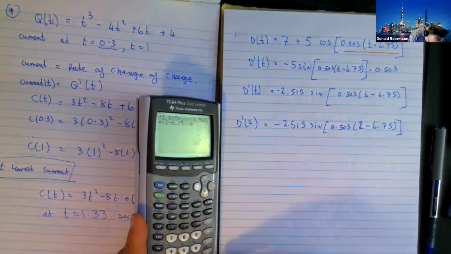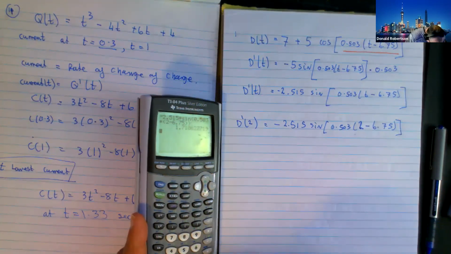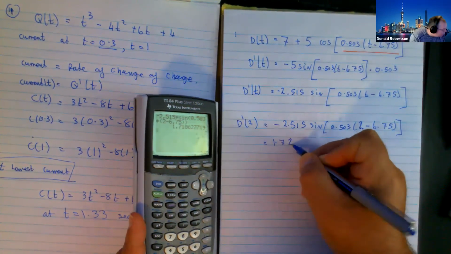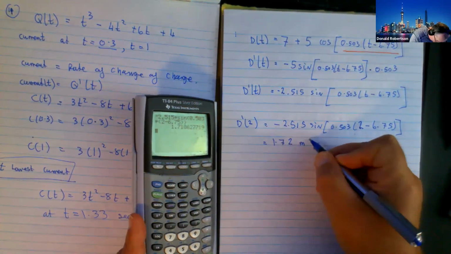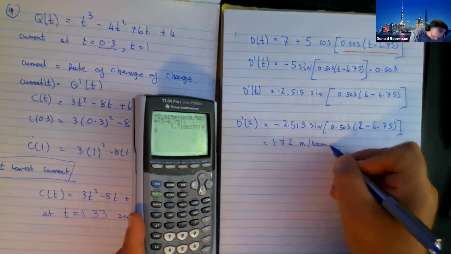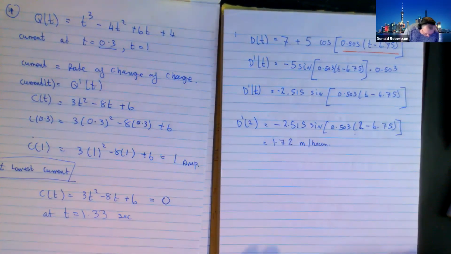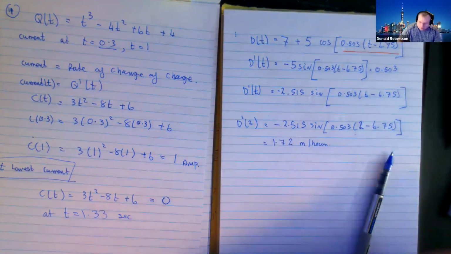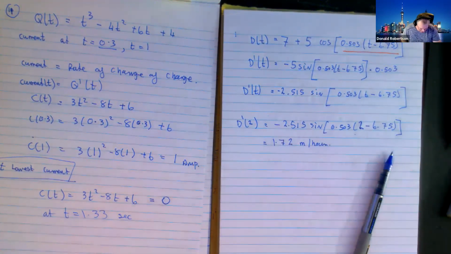Close the couple of brackets. Hopefully that's the right number. And the answer is 1.72, and the units are meters per hour. So if you were in this particular harbour and it was 2 a.m. in the morning, the tide would be rising at the rate of 1.72 meters per hour.